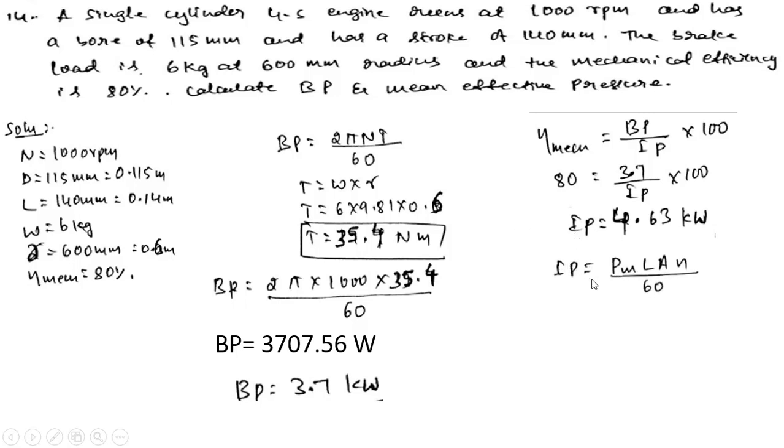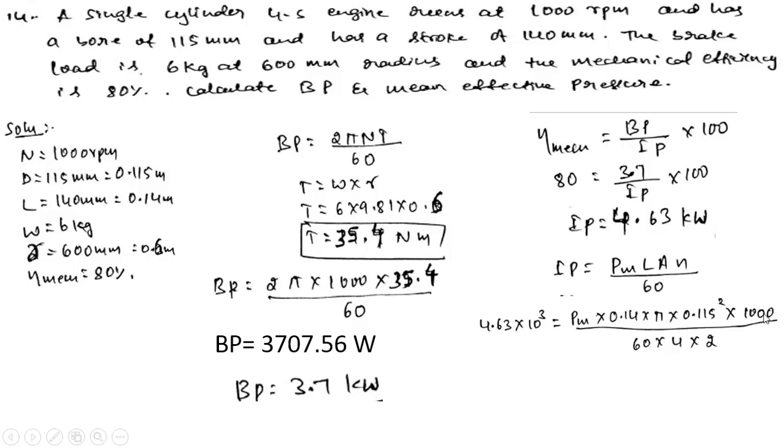So for that I will make use of the formula IP equals PLAN by 60, and for 4-stroke engine again you all know that this n is equal to capital N by 2. So I will substitute the values here. IP 4.63 is in terms of kilowatt, so I will substitute in terms of watt. 4.63 into 10 power 3 watts is equal to Pm, to be calculated. Stroke length is 0.14 meter, area is pi d square divided by 4, diameter is 0.115 meter squared, divided by 4, and n is equal to N by 2.